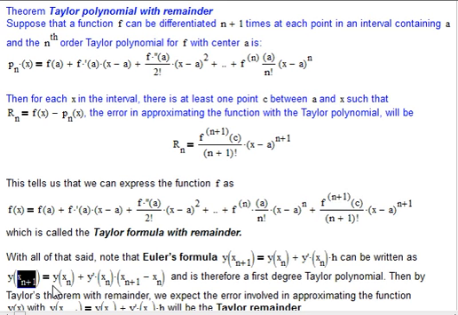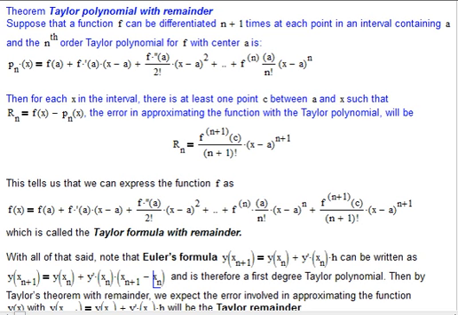y at x sub n plus 1 is y of x sub n plus y prime of x sub n times x sub n plus 1 minus x sub n, and is therefore a first degree Taylor polynomial.